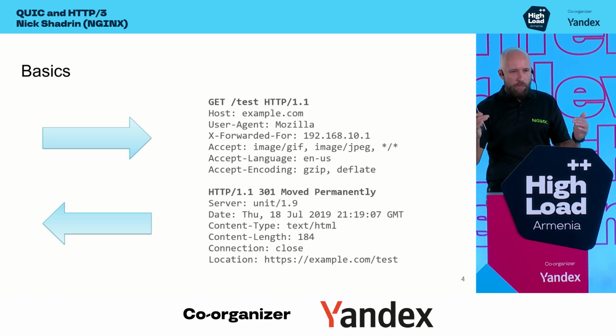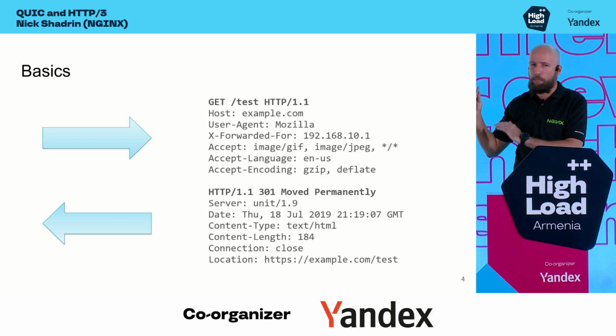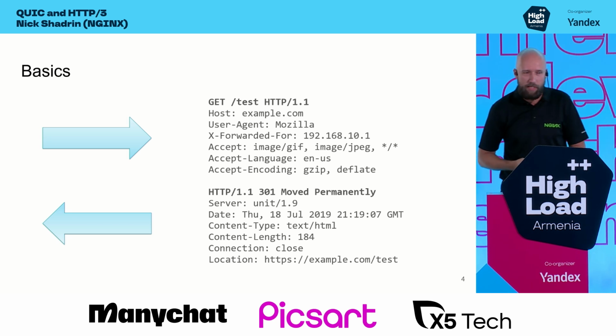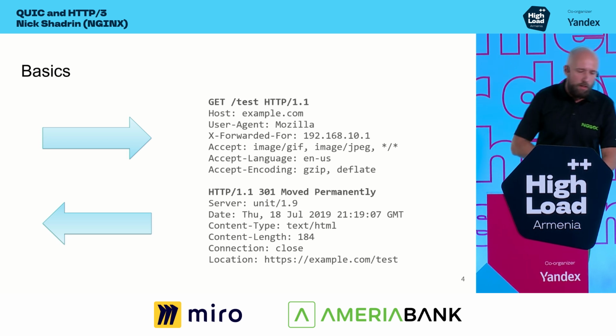Okay, so now we're going to go back to a little bit of the basics of HTTP 1 and 2, and then we're going to evolve the conversation into how HTTP 3 got formed and created. The basics of the protocol that you can see on this slide stay the same across all the HTTP protocols.